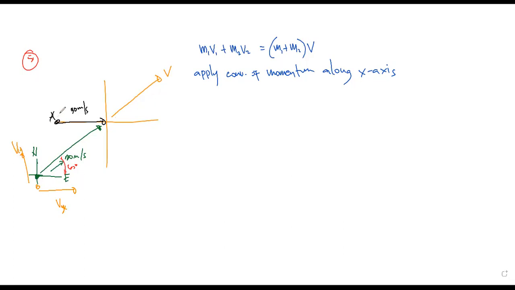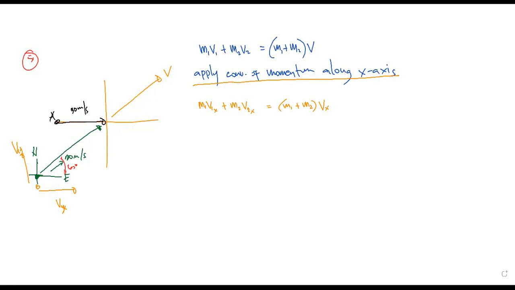So along the x-axis, we apply m1 v1 along x plus m2 v2 along x, that is equal to m1 plus m2, and then the x component of the final velocity of the two objects.